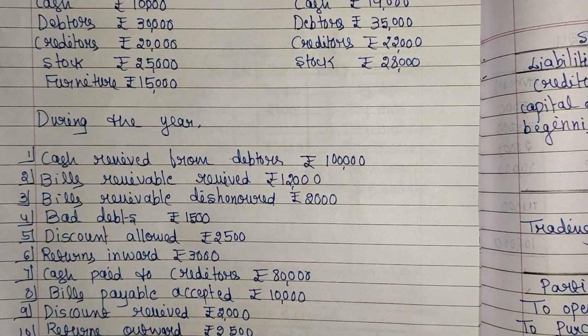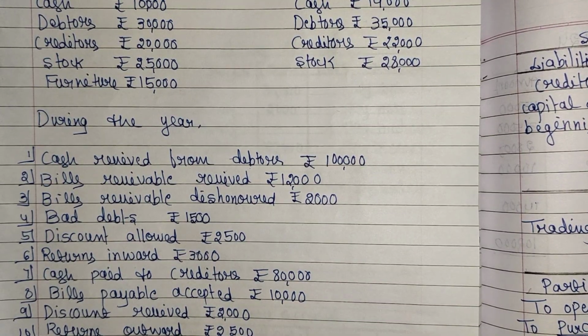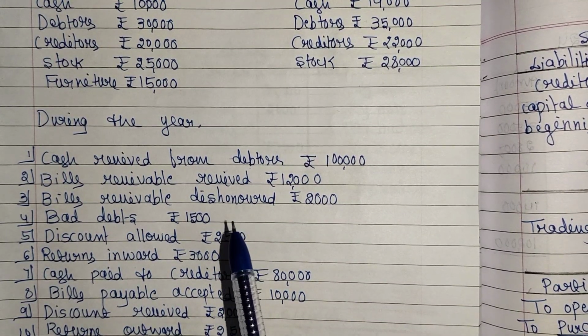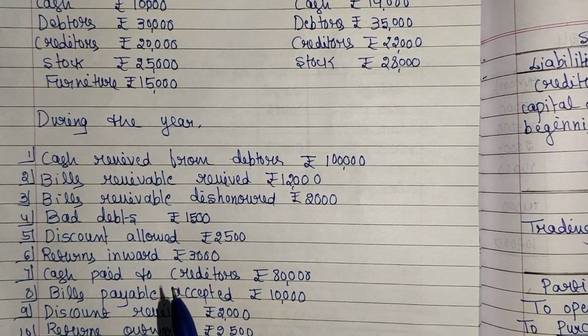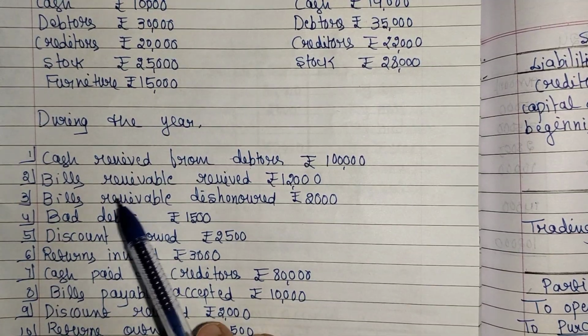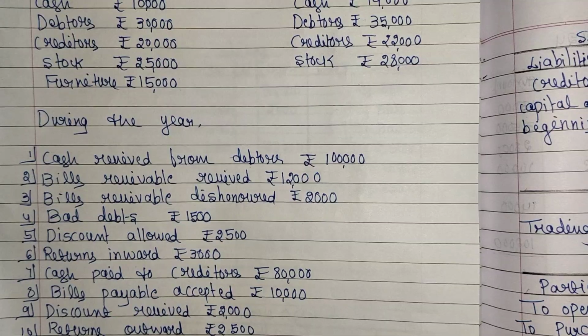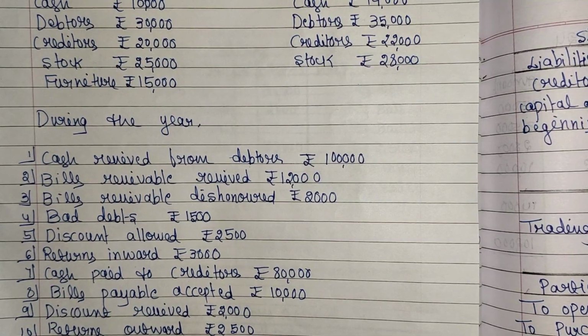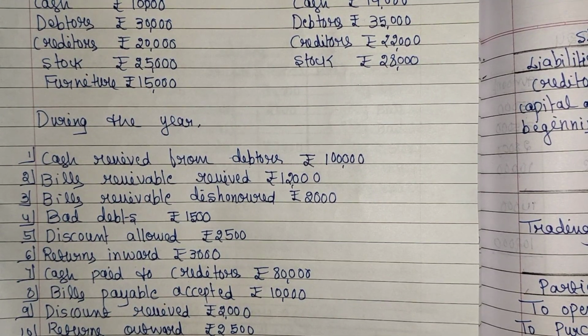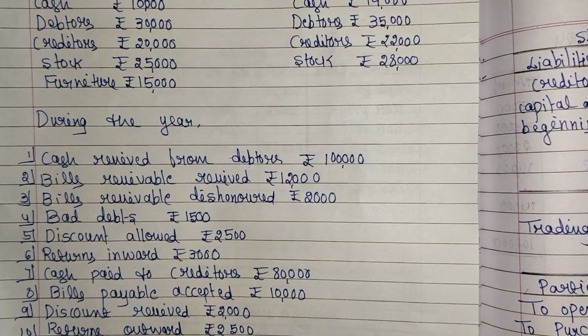Now next one, during the year cash received from debtors rupees 1 lakh. Cash received from debtors means we need to enter it on the credit side of the debtors account. Cash received, right? And next one, bills receivables received, that is rupees 12,000. Bills receivables received means when debtors give the bill, that is also entered on the credit side, right? Debtors account decreases.